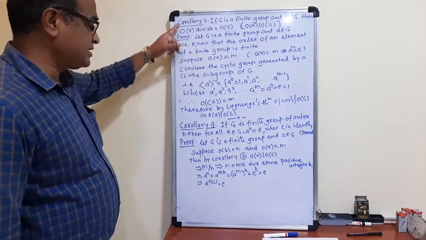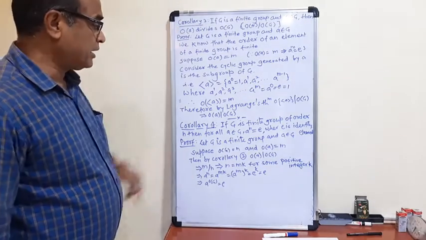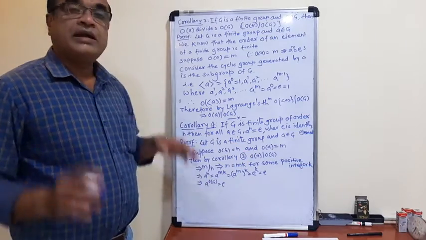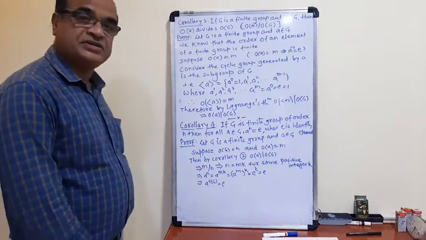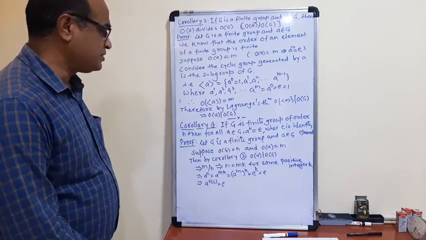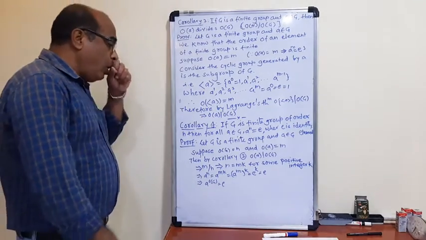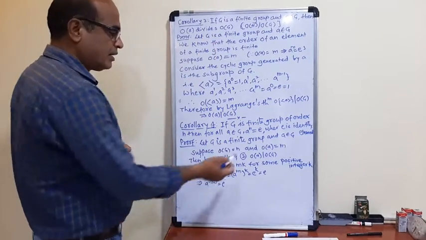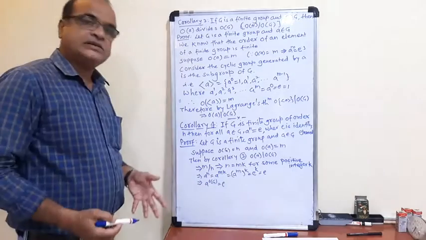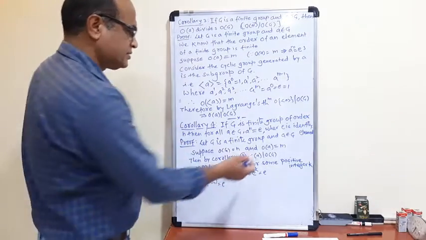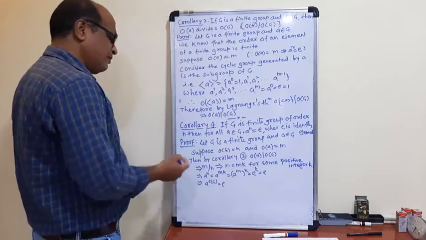We discussed what the order of an element is in the previous lecture. Then by the corollary, the order of a divides the order of G. By using this corollary, the order of an element divides the order of the group.